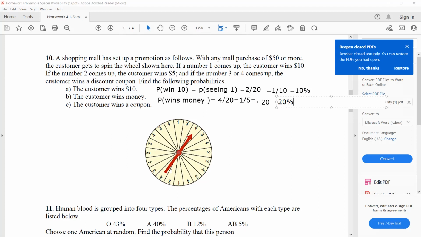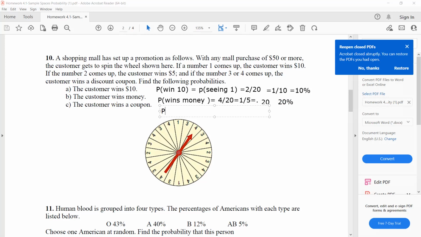So we add 52, and then 1, 2, 3, 4, 5, 6, 7, 8. It's also the same. But it's not out of 52. It's out of how many? 20. Sorry, 20. So how many altogether? 16 over 20.